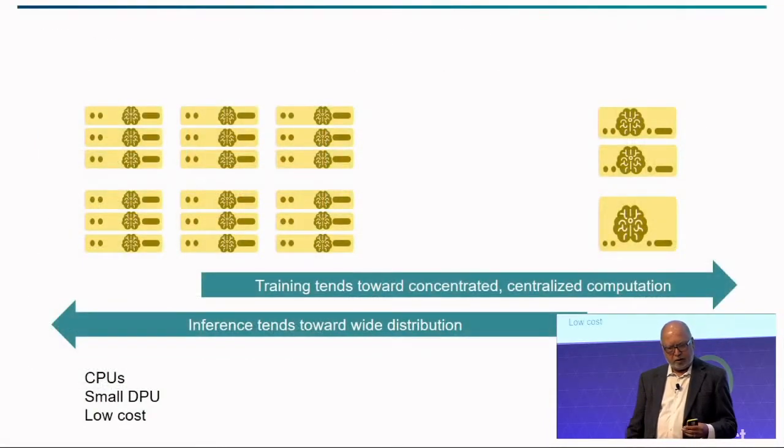So how do I see this playing out? GPUs and large DPUs, DNN processing units, higher cost, will get deployed for training, but the volume is lower. So it's lower volume, higher price, versus higher volume, lower price at the other extreme for inference.